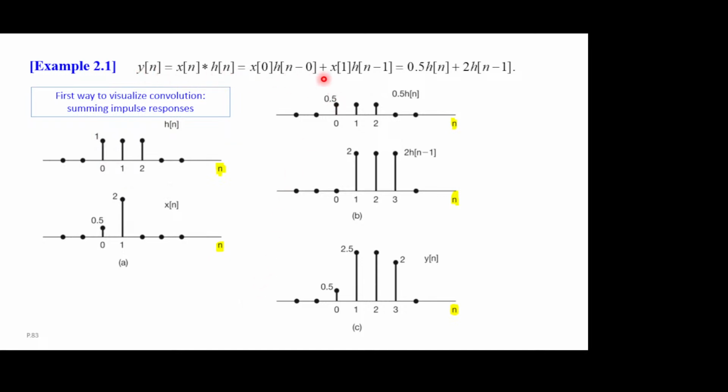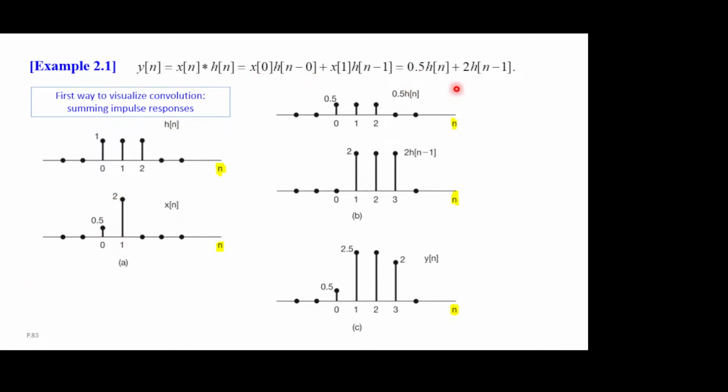Then you have y of n equal to the sum over k of x of k h of n minus k. And our x of n only has 2 spikes, not 0: x of n equals 0.5 at 0 and equals 2 at 1.